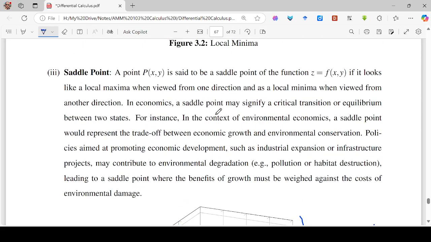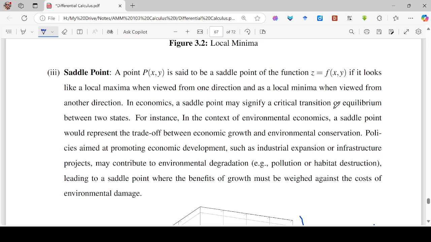In economics terms, a saddle point may signify a critical transition or equilibrium between two states. For example, in the context of environmental economics, a saddle point would represent a trade-off between economic growth and environmental conservation.